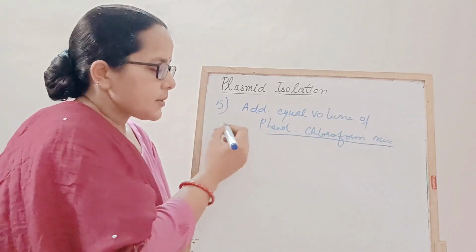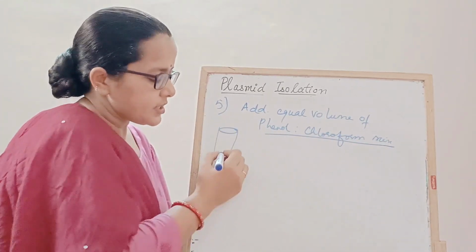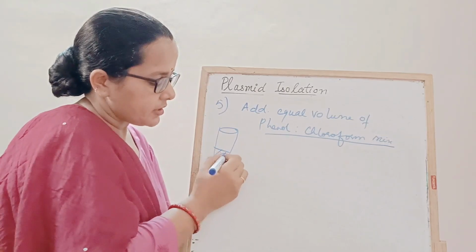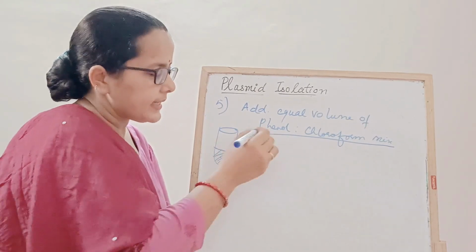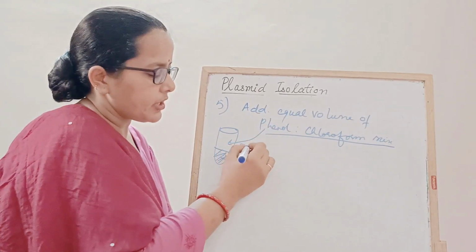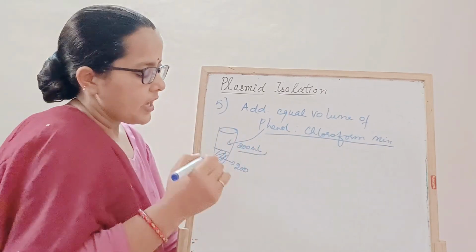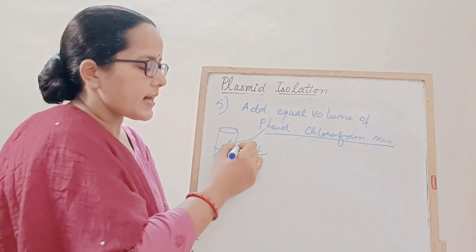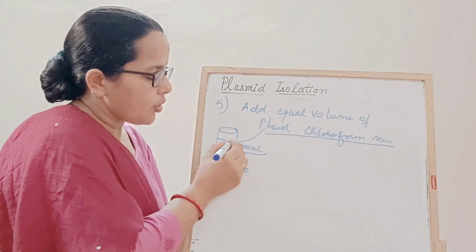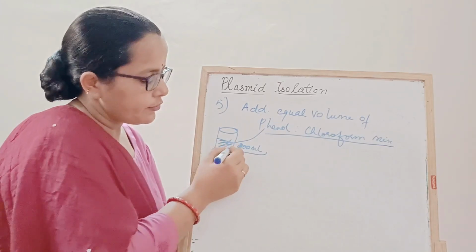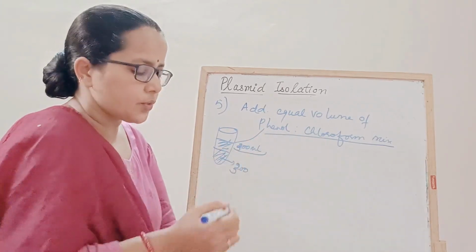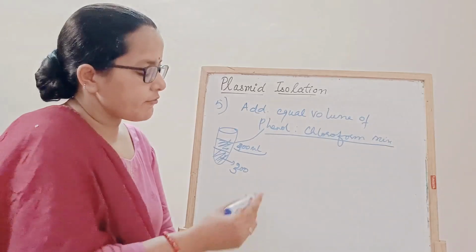Suppose in the MCT you have collected 200 microliter, then add just 200 microliter of phenol chloroform mix. If it is 300 microliter, just add 300. So equal volume of phenol chloroform mix you have to add.